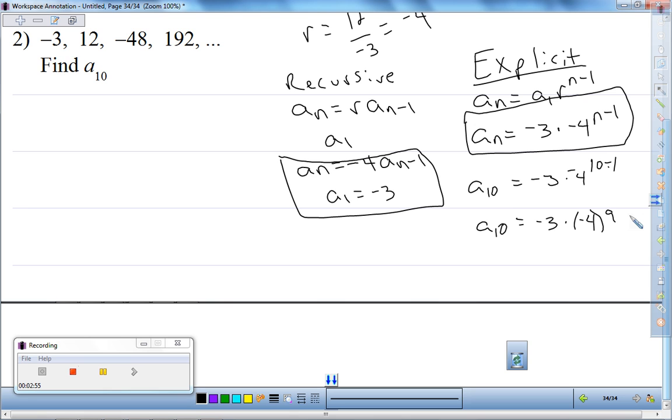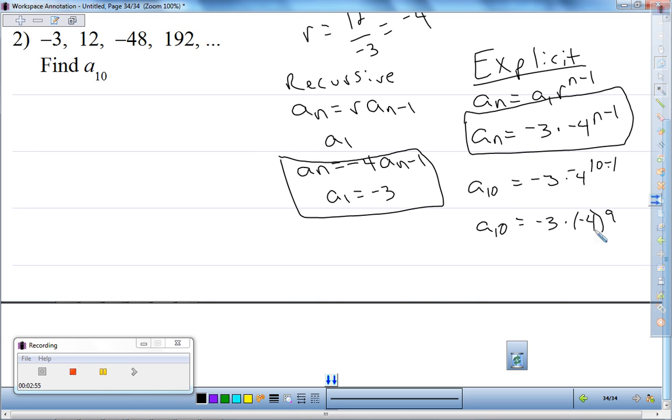Word of caution, with some of the calculators, you have to be careful on how you put in a negative number when you take a power. Now, this is an odd exponent here, so we should end up with a negative number when we do the power.